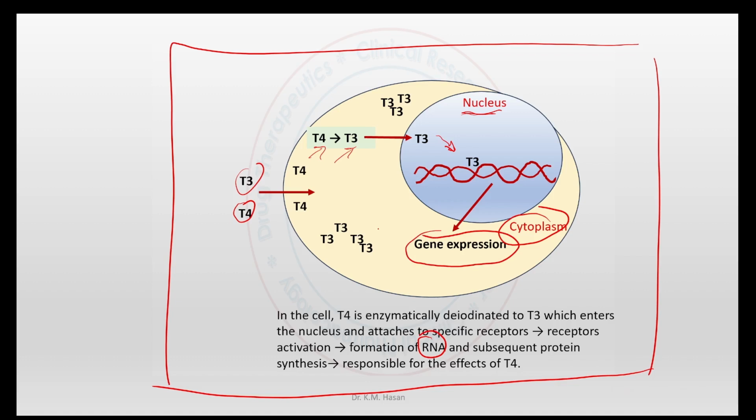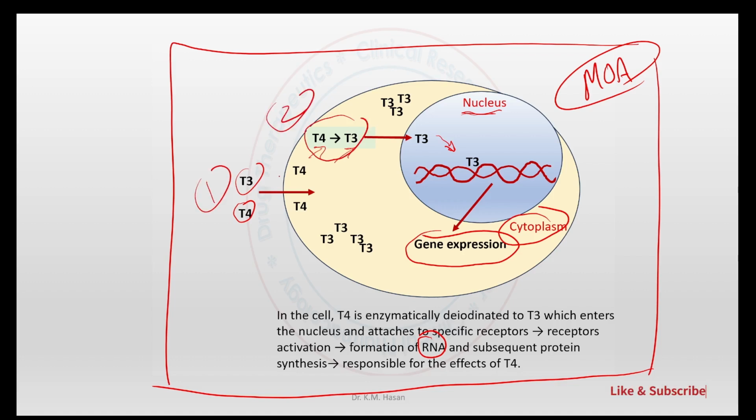Okay, so this represents the action of hormones, or we can speak about the mechanism of action on the molecular level. Number one, we have hormones in the blood, T3 and T4, entering the cells. Number two, T4 will be converted to T3. Number three, T3 will enter the nucleus, and this will affect the RNA and DNA strand, the nuclear strand, and lead to the final decision.